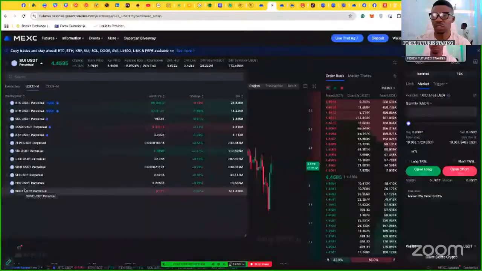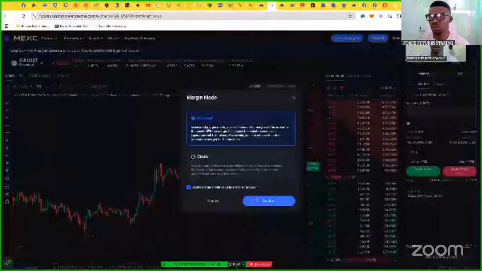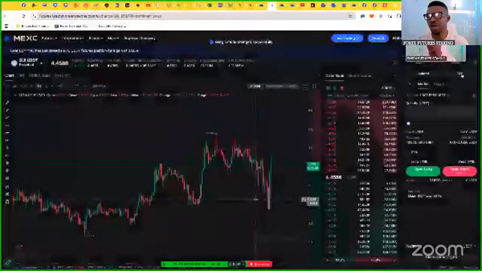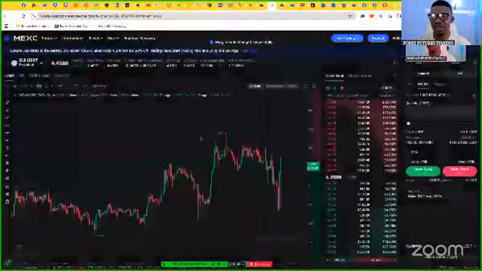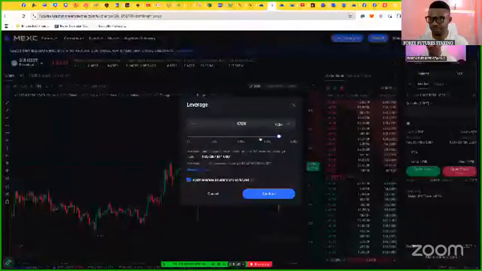Then it permits you to go to the right-hand side to select the leverage, whether isolated or cross margin, of which we all agree that we are going to stay on isolated margin. Confirm. It also permits you to go down to your leverage and choose what leverage you will use, which determines the risk management. This is what we'll be discussing today.